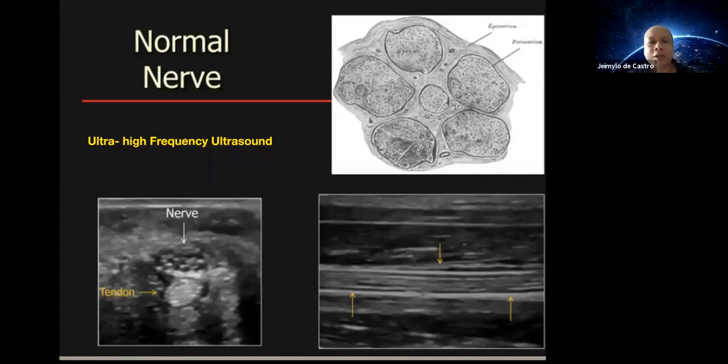So let's go to the nerve. The nerve appears almost the same in adults and children. It is also characterized by a honeycomb pattern in a short axis view. There are fascicles in between, and then also connective tissue, which are the ones that appear white.